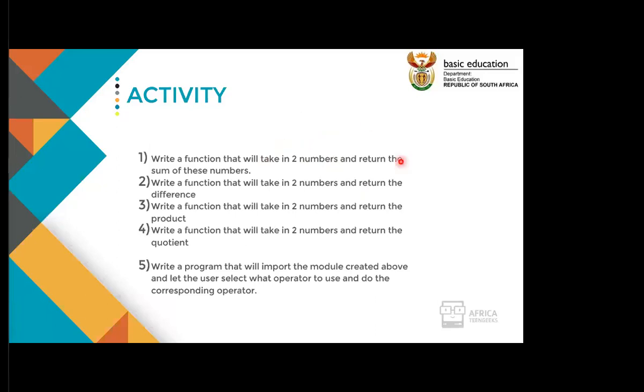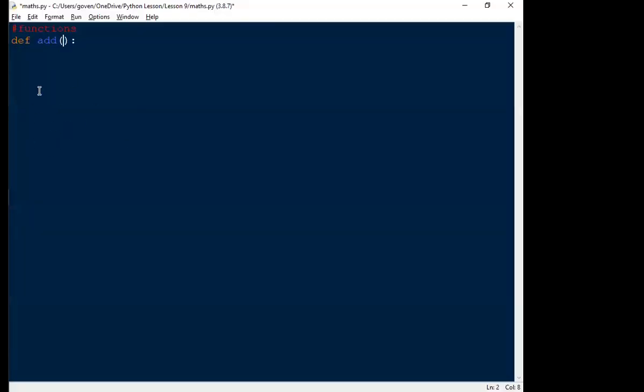When you say return, that means at the end of the function, it needs to return. Now, when I say end of the function, you can also have it inside the function itself. That means inside the if statements, you can have more than one return. Okay, so let's start with this. I'm going to receive 2 values, number 1 and number 2.